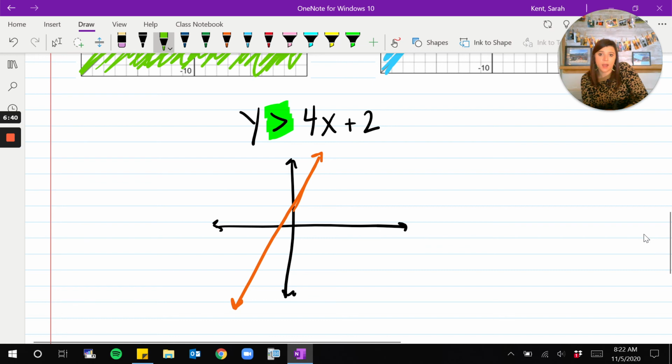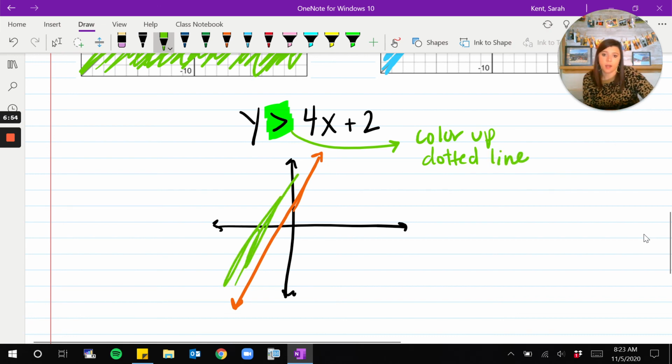So here I want to color up, and there's no line, so I want a dotted line. So I want color up, and I want a dotted line.